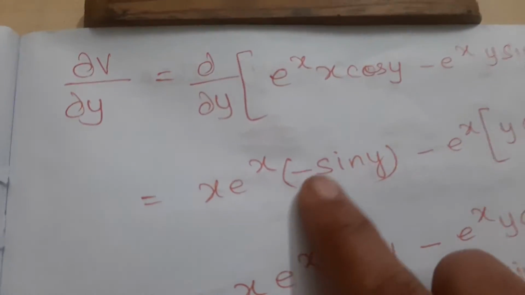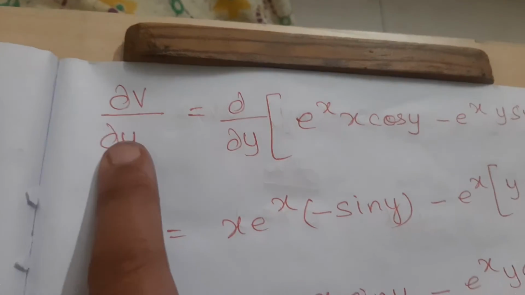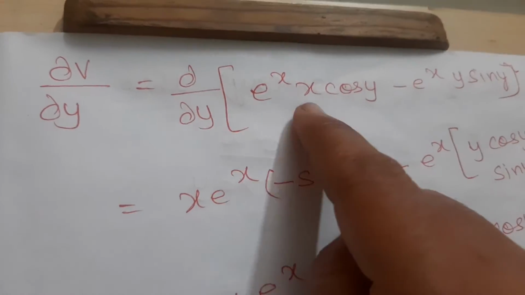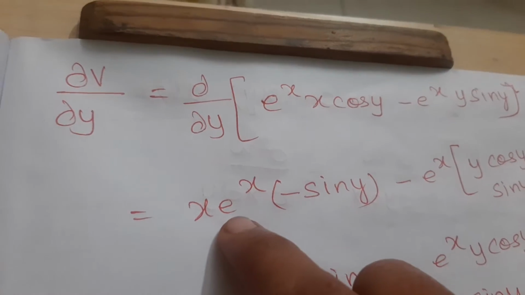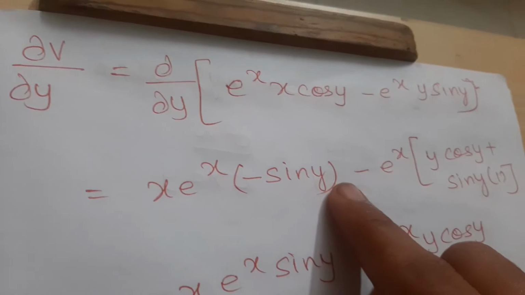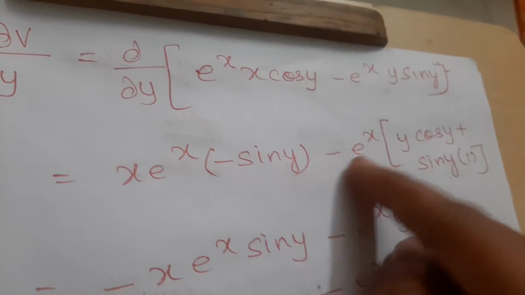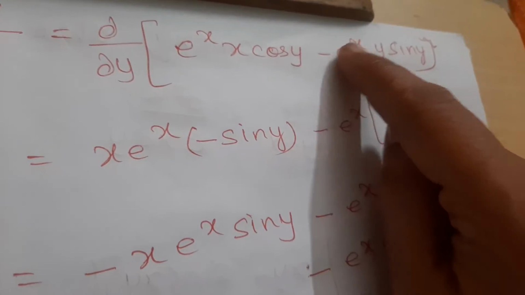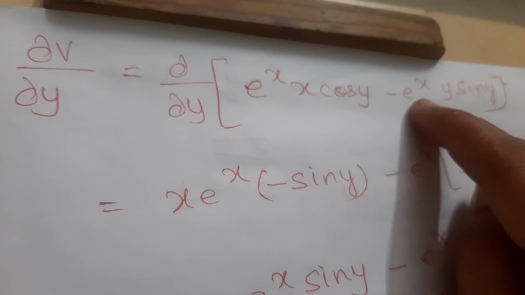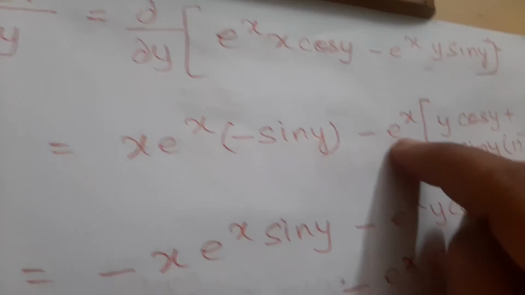I differentiate with respect to y. In the first term, x e power x is a constant, so I keep it as it is. The differentiation of cos y is minus sin y. Minus, here e power x is a constant, so no need to differentiate it.